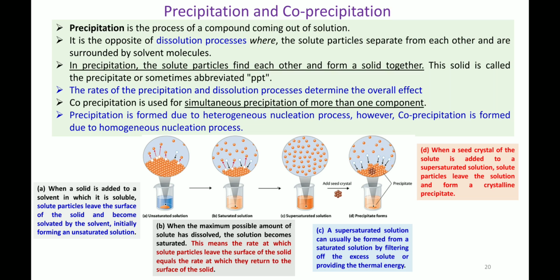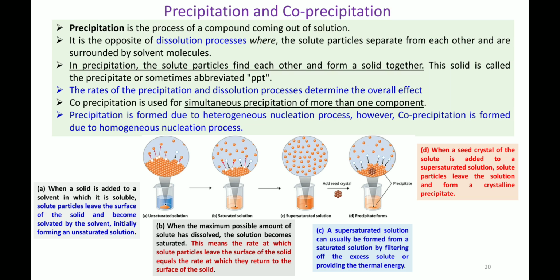So what is precipitation? It is the process of a compound coming out of the solution. In the solution you are forming a compound, and if that compound forms, then you can call it a precipitation. It is the opposite of the dissolution process.